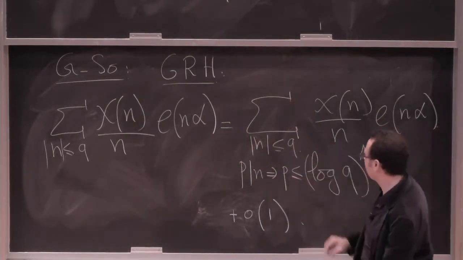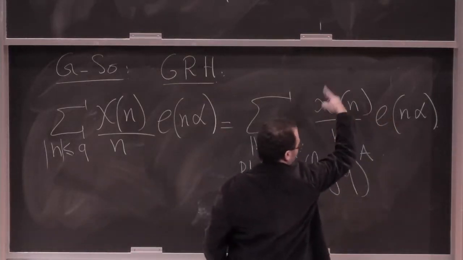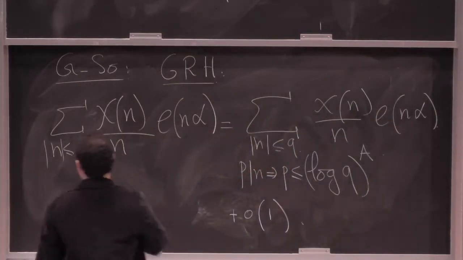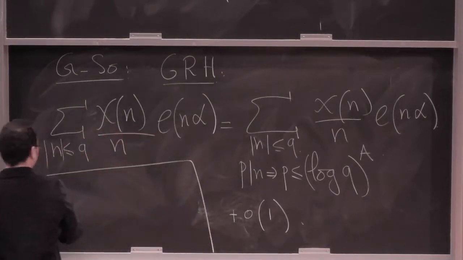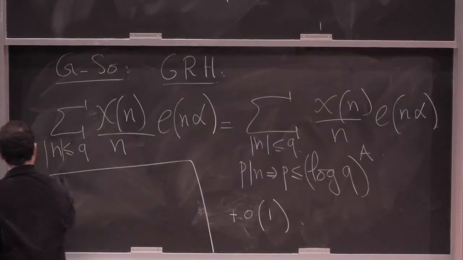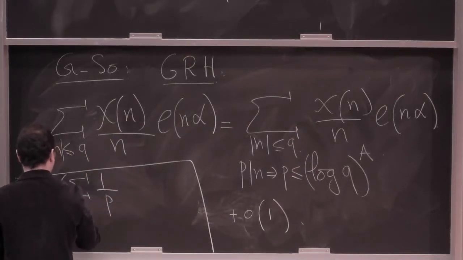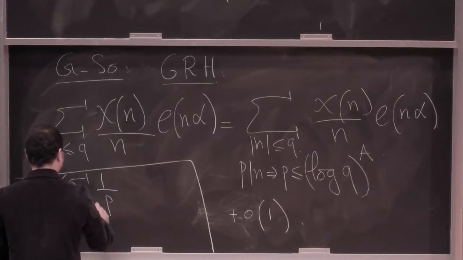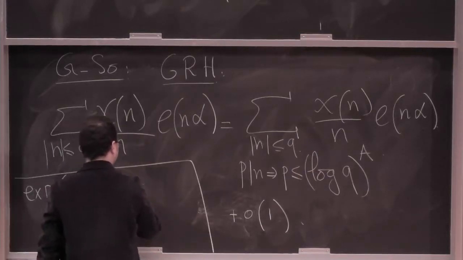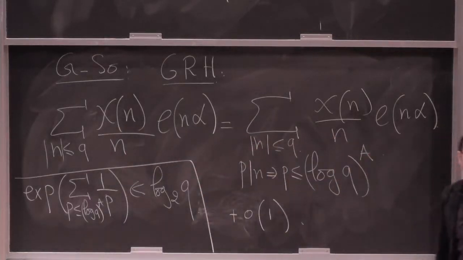Bounding everything trivially, taking absolute values, the bound will be roughly the sum over n up to q of 1 over n of this, which is roughly the exponential of the sum over primes, where the primes are small, and this is log q. So this gives you Montgomery.